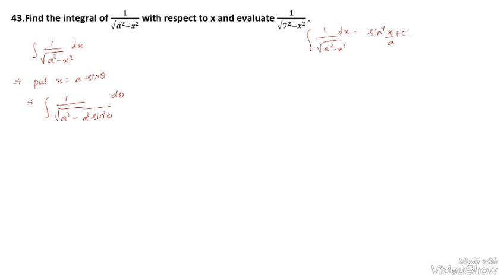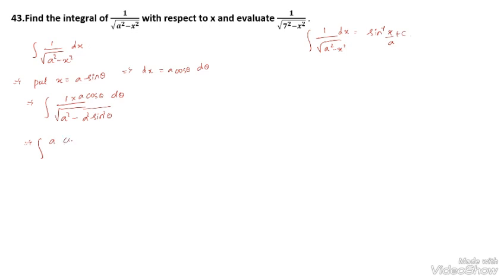Now I can take differentiation with respect to theta, that is dx is equals to differentiation of a will be constant, differentiation of sine theta becomes cos theta into d theta. Here in place of dx, we can write a into cos theta.